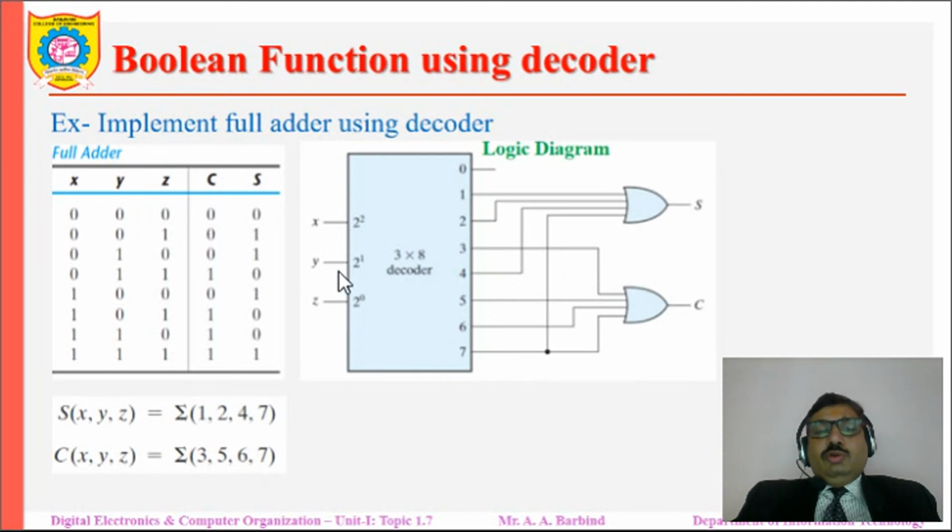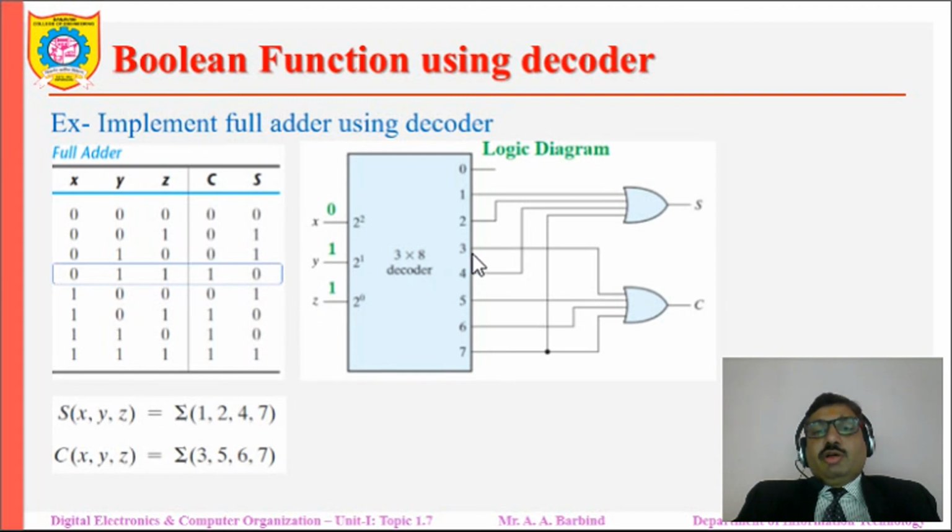What will happen here is that when, let us say, the input is 0, 1, 1, then the carry should be 1 and sum should be 0. When we give the input as 0, 1, 1, the decoder will select the third line, that is 0, 1, 1.